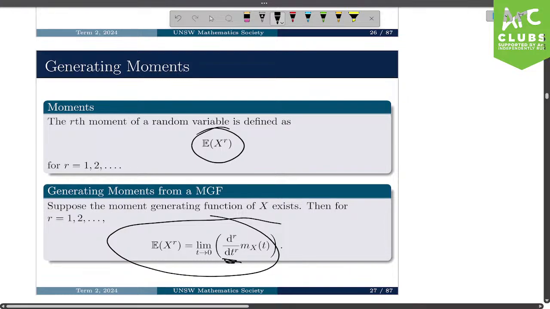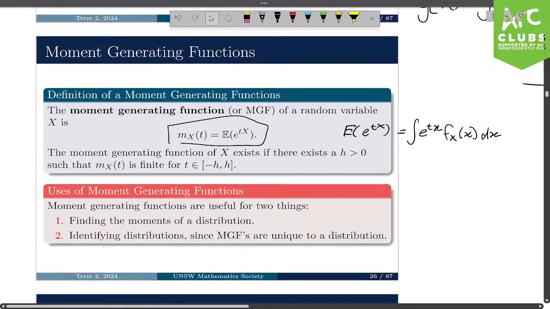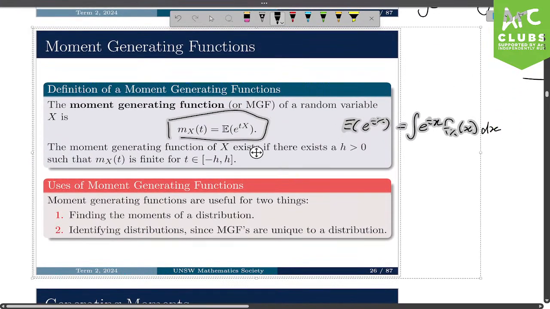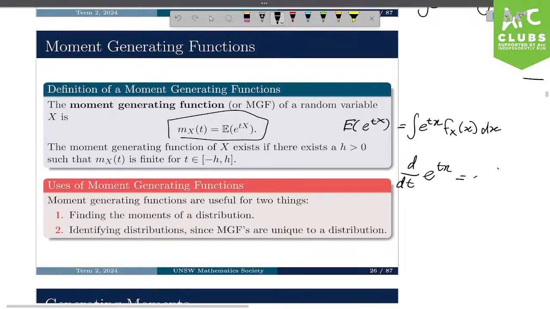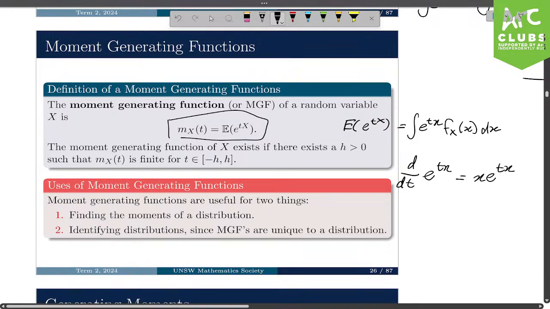This is how we get the moment from the moment generating function. We take the derivative with respect to t, and then we take the limit as t goes to 0. So if we go back up to this expression, the derivative d/dt of e to the t x is just going to equal x e to the t x, right?